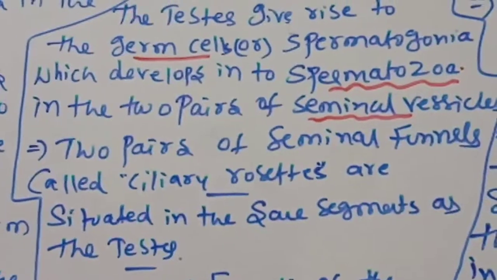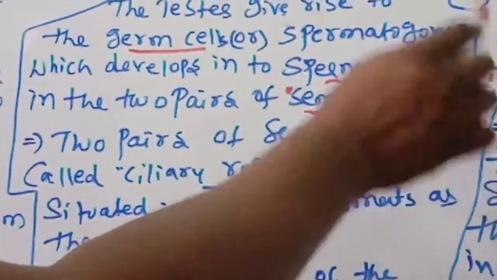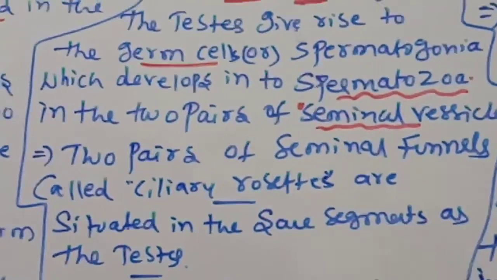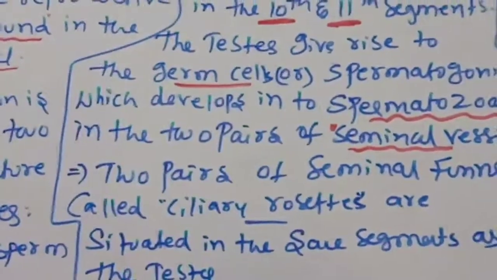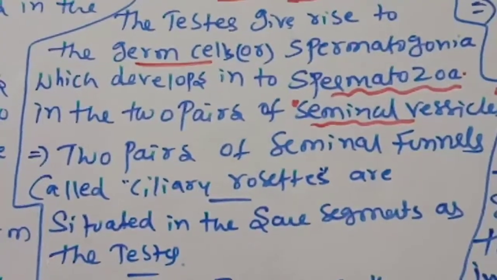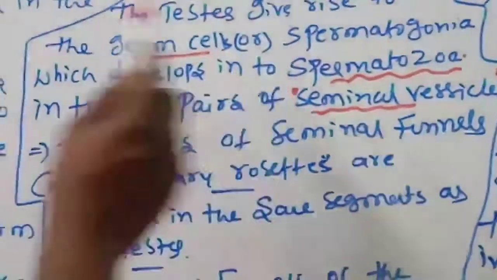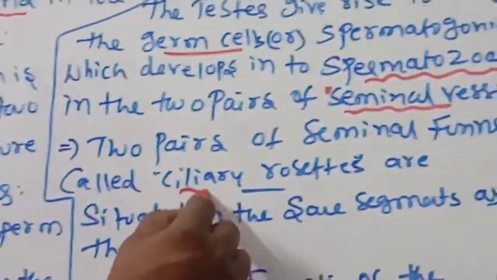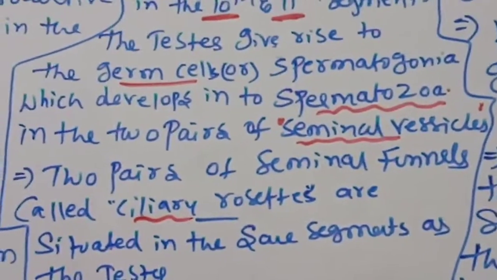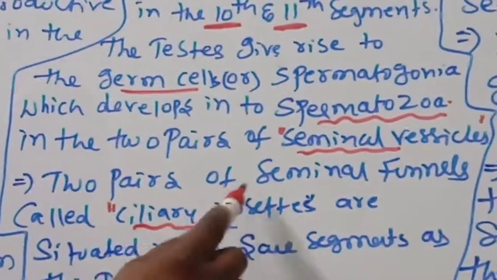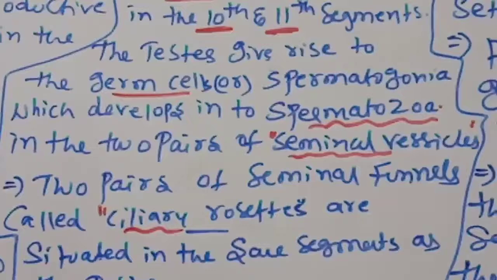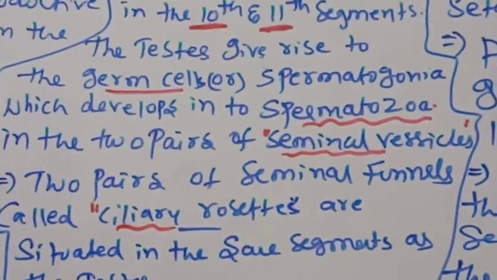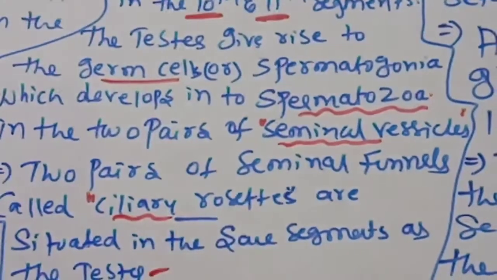Seminal vesicles are like glands of the reproductive system. There are also two pairs of seminal funnels called ciliary rosettes, situated in the same segment as the testis. They will collect the spermatozoa.